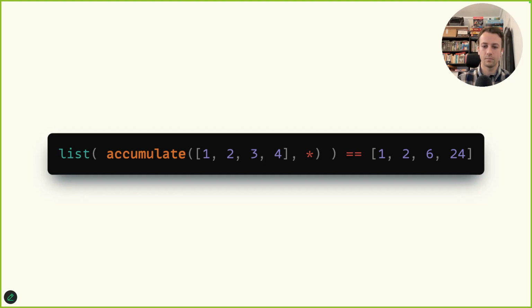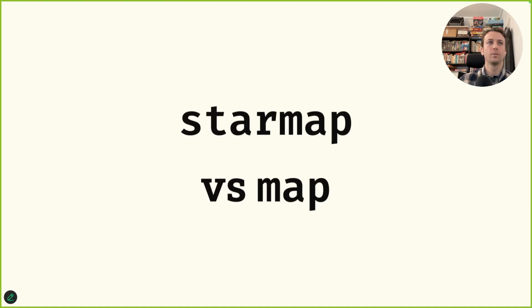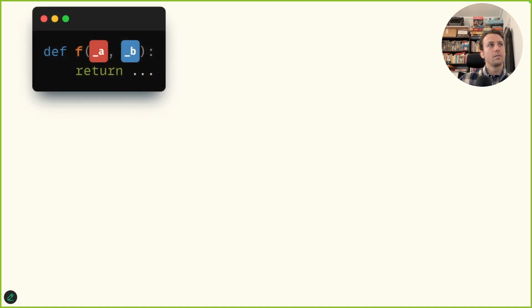Great. So then let's take a look at starmap. Say you have a function that takes 2 arguments. I have the first argument, I called it A in red, and the second one B in blue, because I'm going to lean on the visual aspect of things to help me put across the way starmap works.